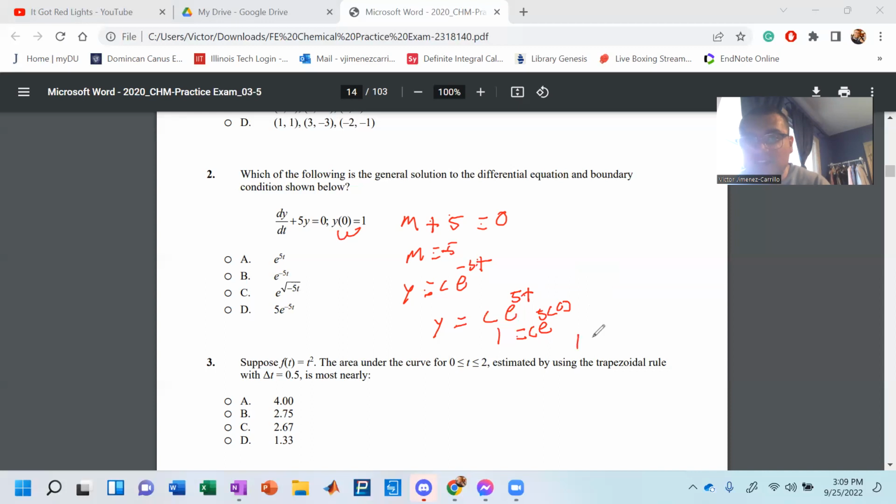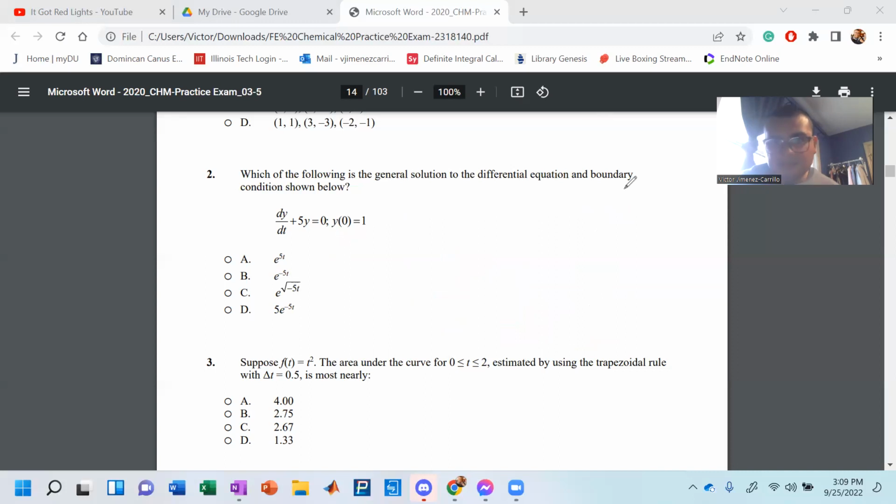So in other words, this simplifies into 1 equals c. And if c is equal to 1, your final answer is then going to become e to the power of 5t, which simply ends up becoming answer A. Nothing crazy. So we're going to clear the screen, clear all my drawings, and scroll down.